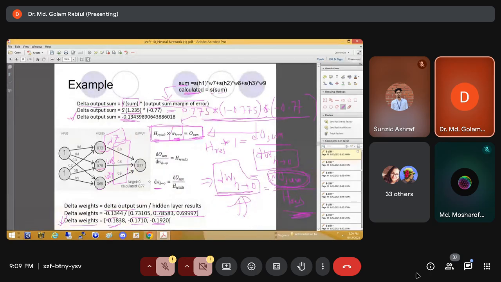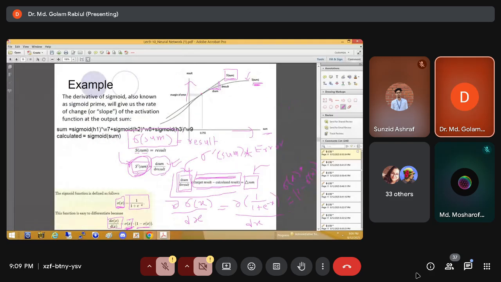So we can write: the sigmoid of the sum equals delta sum by delta results. Similarly, for the sigmoid of the hidden sum, instead of the sum we have the hidden sum, so it is delta hidden sum by delta hidden results, in the case of our hidden layer nodes.